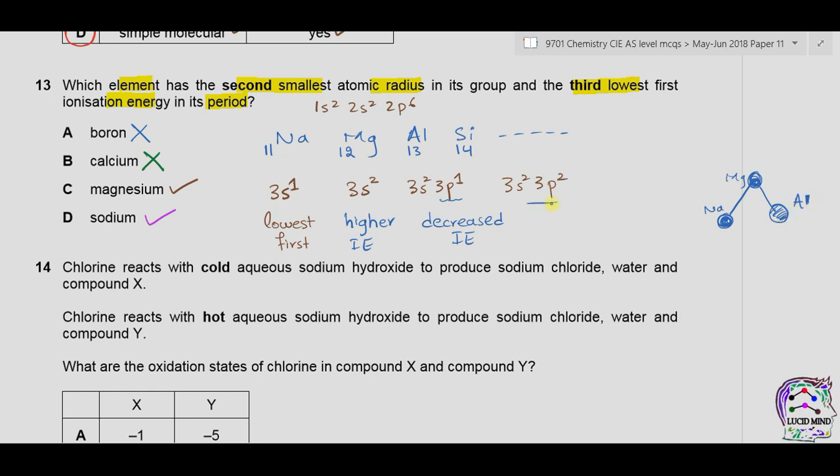Then we have silicon, and as the number of protons increases, the number of electrons also increases, and we have the same p subshell, so ionization energy will increase. So sodium has the lowest, then aluminum has the second lowest ionization energy, then magnesium has the third lowest ionization energy. So the answer is C.